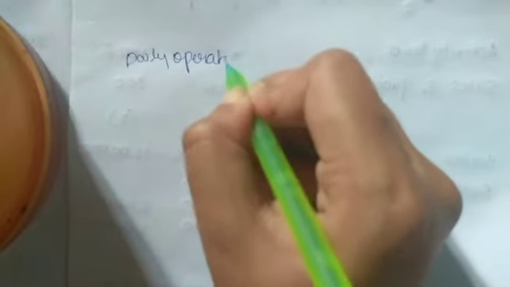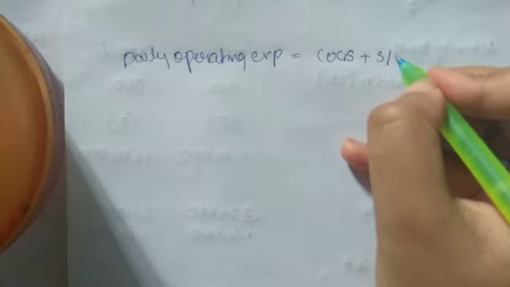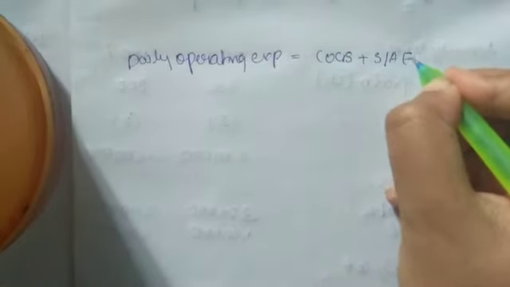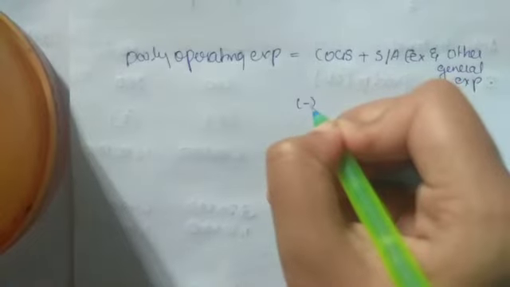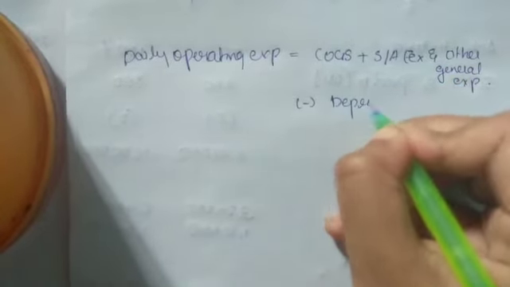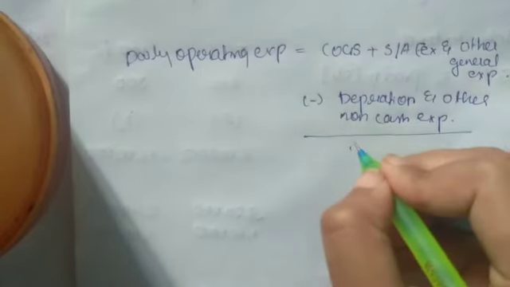To find out daily operating expenses, they have given the formula: COGS, which is cost of goods sold, plus selling and administration expenses and other general expenses, minus depreciation and other non-cash expenses, divided by number of days in a year.